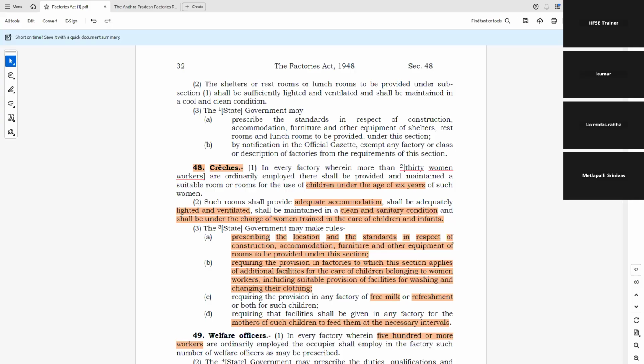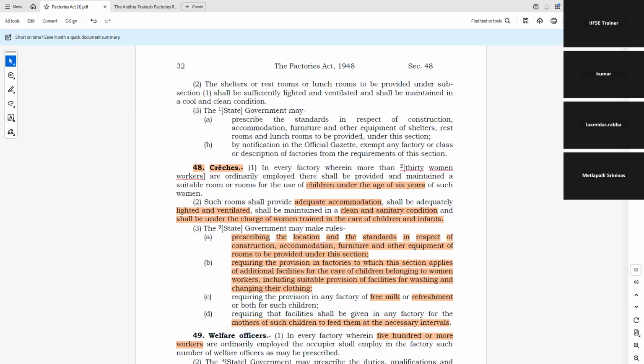So the room should be adequately ventilated and lighted, clean and sanitary, because small kids will be there, so it should be maintained under the charge of women trained in the care of children and infants. So basically a caretaker will be there for these kids, who is trained in that.